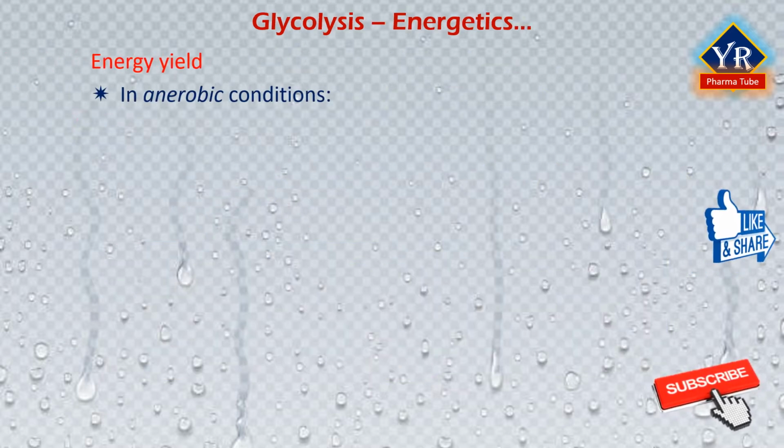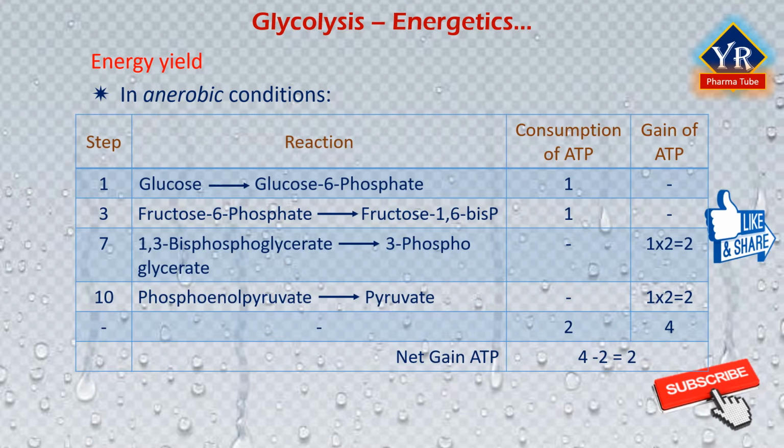During anaerobic condition, that is oxygen deficient or without the presence of oxygen, when 1 molecule of glucose is converted to 2 molecules of lactate, there is a net yield of 2 molecules of ATP. 4 molecules of ATP are synthesized by the 2 substrate level phosphorylations. For clarification, please refer to the previous video.